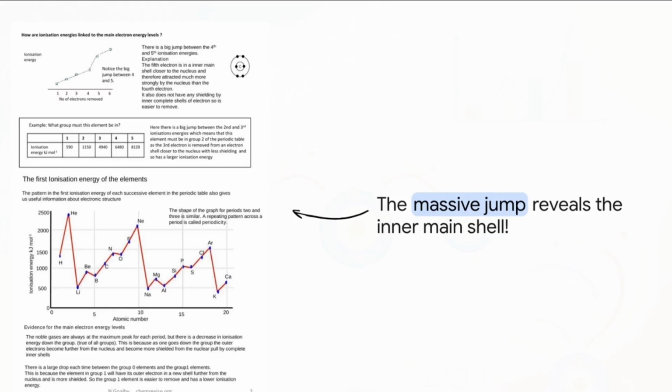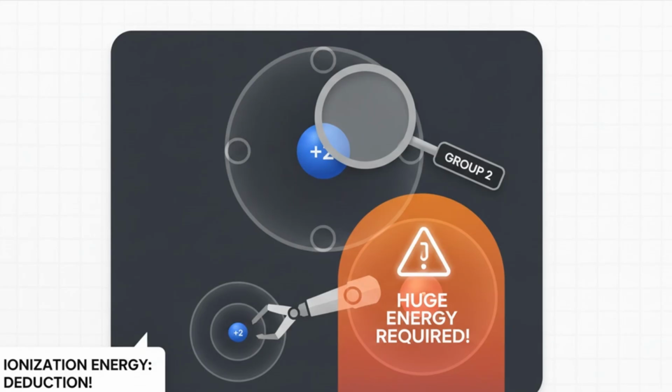It literally proves we just tried to break into a brand new, unshielded inner shell of electrons sitting way closer to the nucleus. So, because it only had 2 easily removable outer electrons before we hit that absolute brick wall of energy, we've successfully deduced who this mystery element is. It has to live in group 2 of the periodic table. Think about that. Just by measuring sheer force, we are literally mapping out where these electrons live.